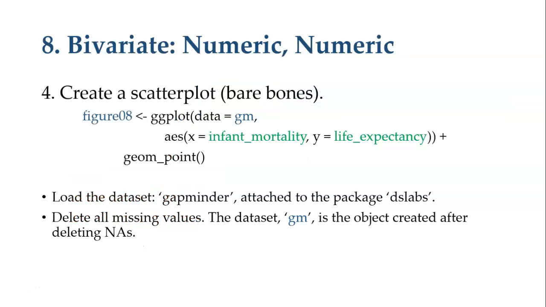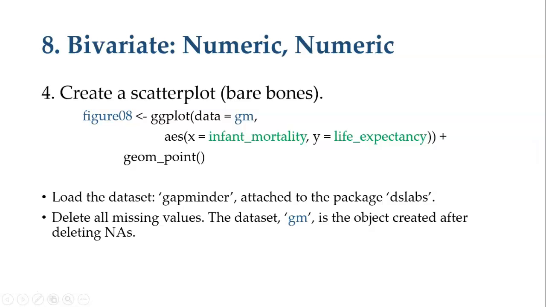If you want to create an actual figure for 2 numeric variables, the best way to do this is a scatter plot. A scatter plot is a very simple structure. You write x and y for your independent and dependent variables, and you use the geom point.